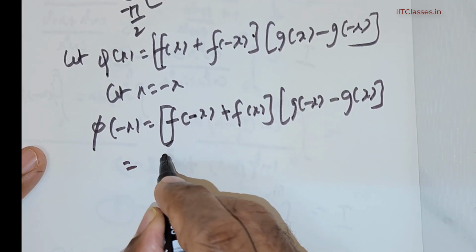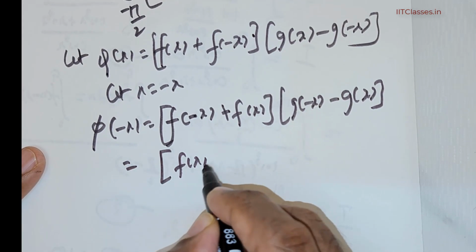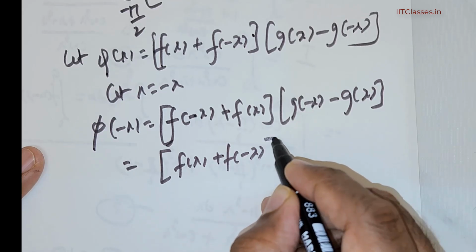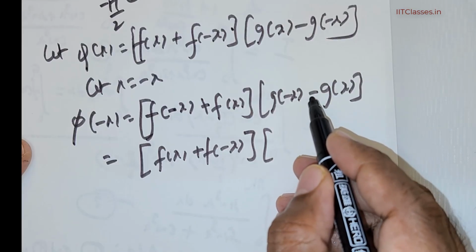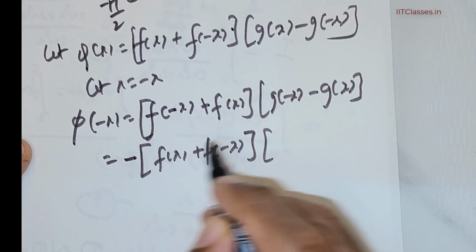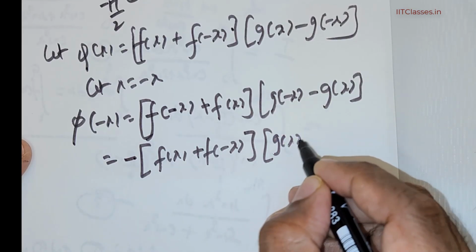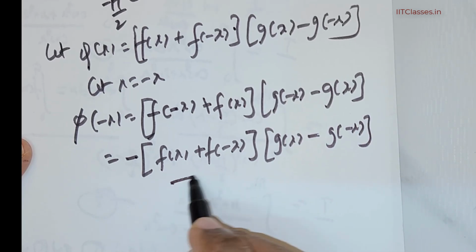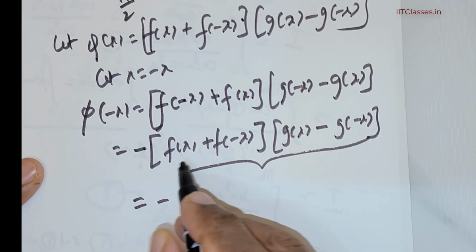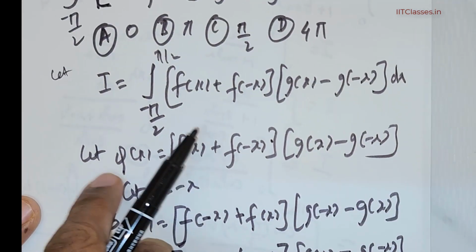So this can be rewritten as [f(x) + f(-x)] times, I need to take a negative sign out, so rewrite this as negative of [g(x) - g(-x)]. Now what is this equal to? This is nothing but our starting point, phi of x.